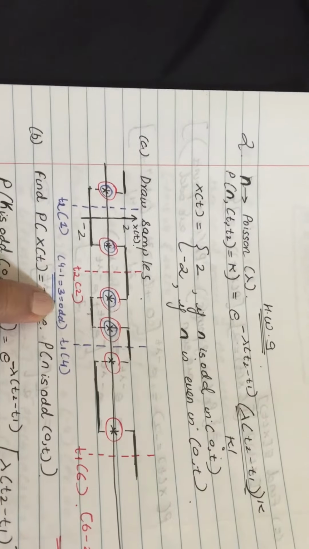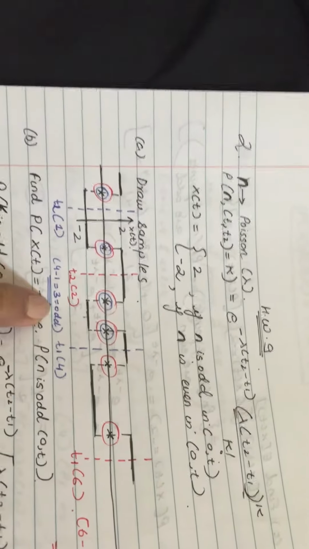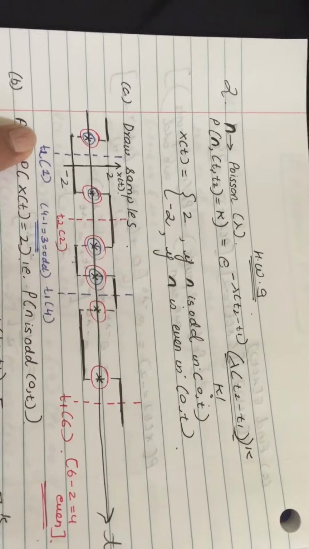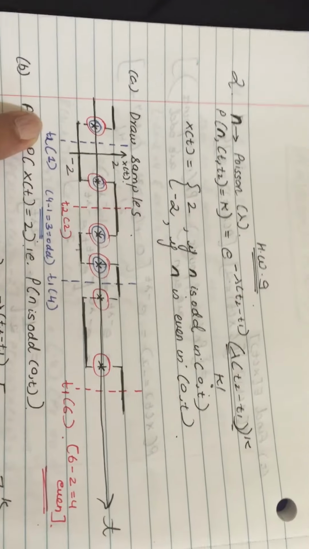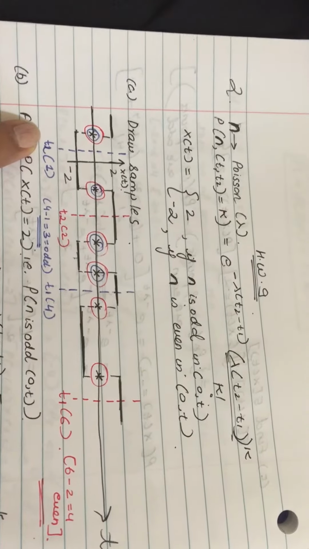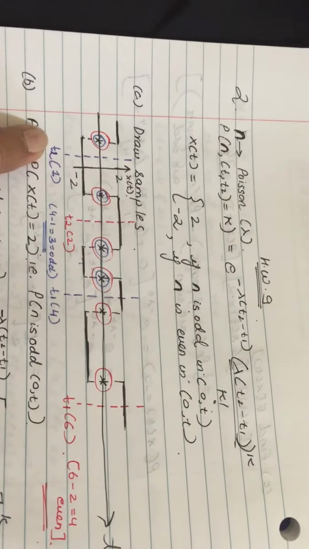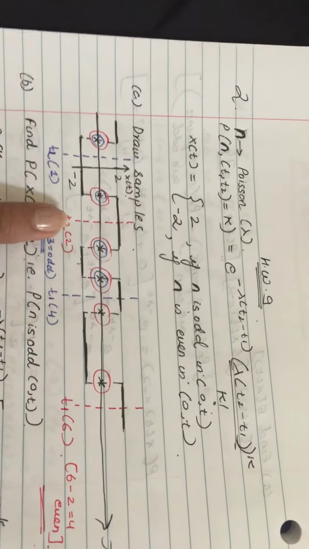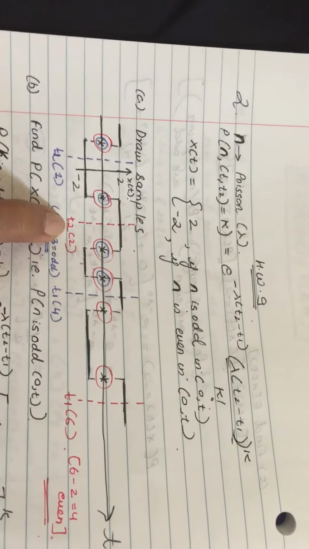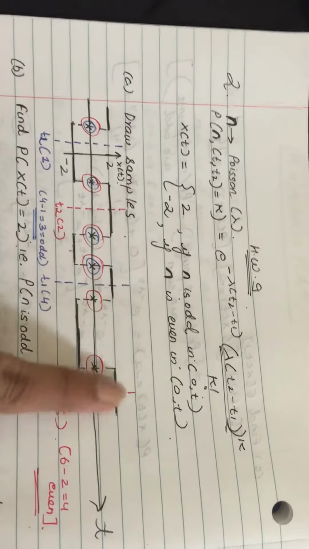Or you could even check by taking x of t2 taking a negative value and x of t1 taking a positive value. Now we check for a condition where x of t2 and x of t1 will either be 2 or minus 2. So we have shown an example where x of t2 and x of t1 take the values 2 and 2.